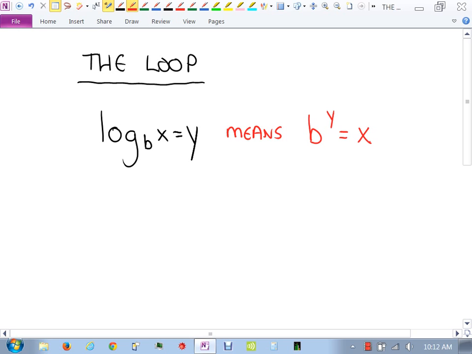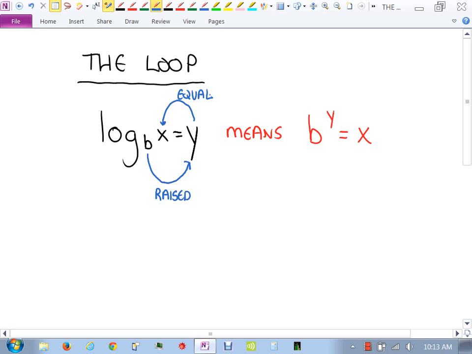Now, I use this thing called the loop to help remember this relationship. What you do is you start with the b and you draw a loop that goes to your y and then back to your x. Do y'all see that's kind of like a loop? And what I'm saying is b raised to that y should equal that x.